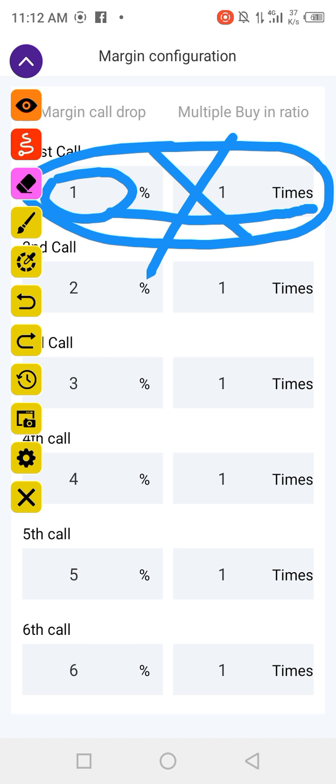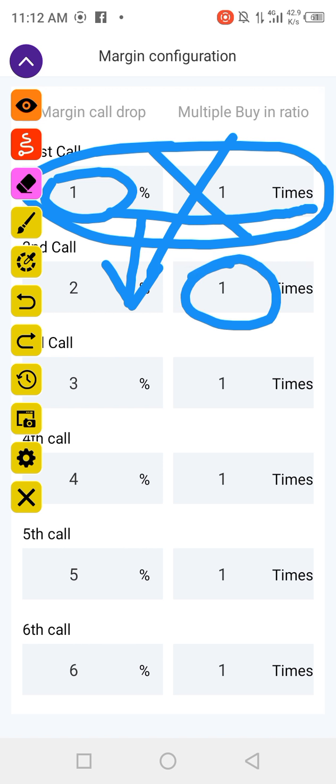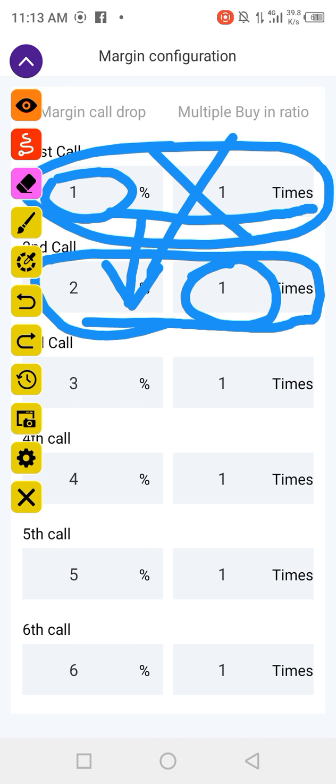Okay. But if it does not rise up to 1.3%, we'll stay at our profit range and it drops again 2%. It will call for another 10 USDT, 1 times 10, and take this position. It will be in this position. Okay.